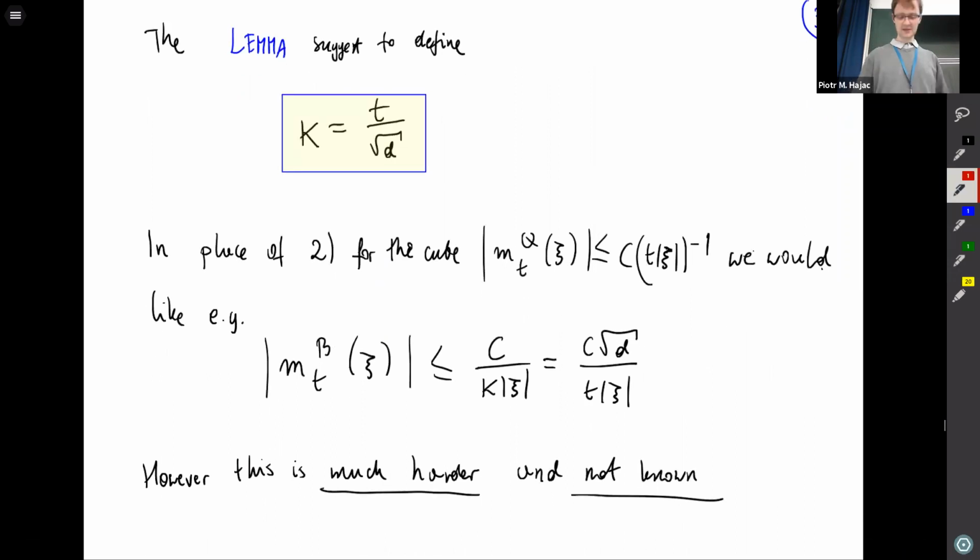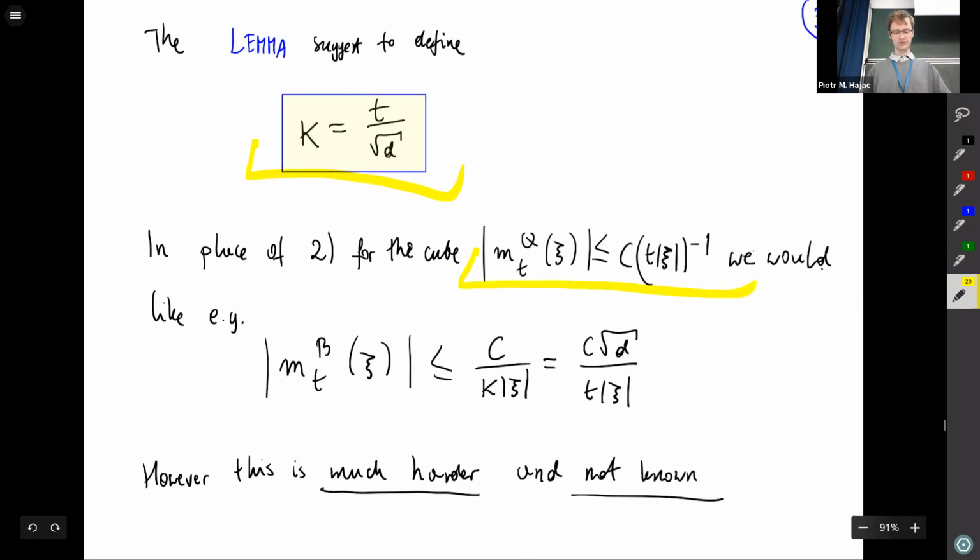But now the lemma suggests that we define this constant. So kappa is a quantity that depends on t and the dimension. It's t divided by square root of d. And we would like to give an estimate in terms of this constant. Okay, so in place of this estimate for the cube, with the constant 1, no square root of d here, we would like, for example, this estimate, c over kappa times psi, because it will arrange very well with the previous estimate at 0 that we had before.